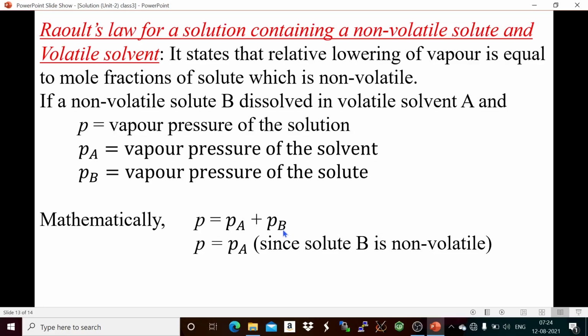As the solute is non-volatile, its contribution towards the vapor pressure is nil, so PB is nil. So P is equal to PA as B is non-volatile. Now PA is PA naught into XA from Raoult's law.